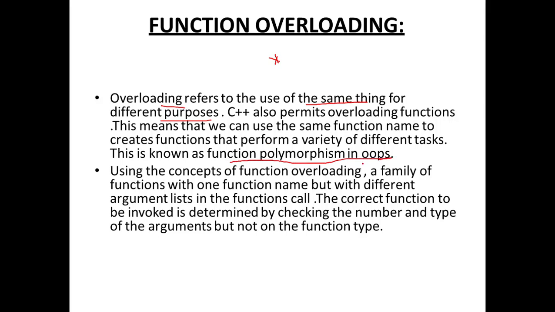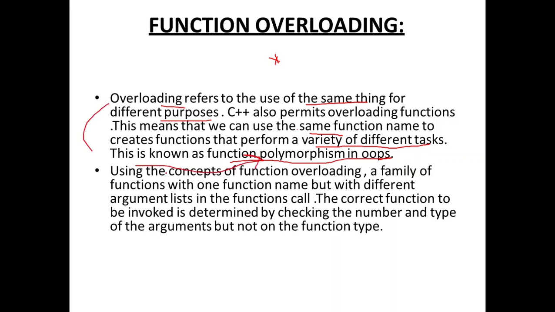In C++, function polymorphism means that C++ permits overloading functions. This means we can use the same function name to create functions that perform a variety of different tasks. The same function name, but we can perform different tasks, and this overloading of functions is otherwise known as function polymorphism.